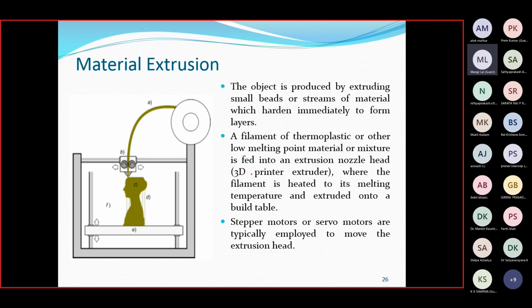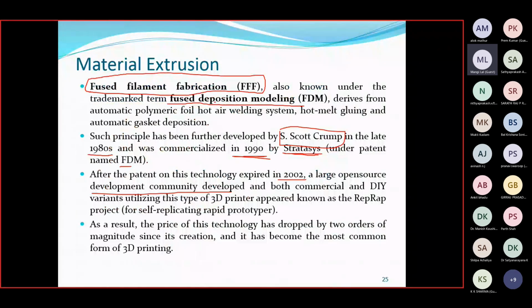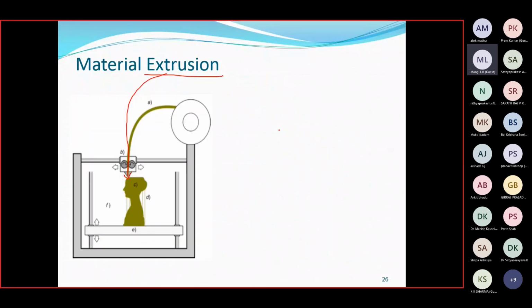So this is the complete way I have explained here. Stepper, or you can say servo motors, are typically employed on this extrusion head. This is the portion which is known as extrusion of the filament, and that's why it's known as material extrusion. And fused deposition modeling, because it provides some heat prior. We are not fusing after layering, we are fusing it here itself.